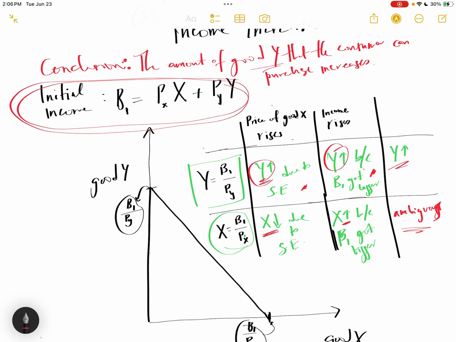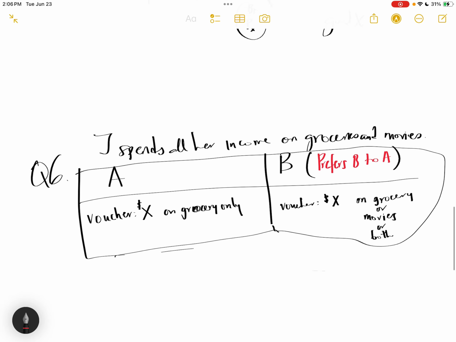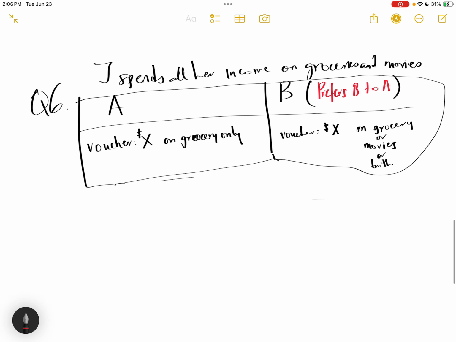That budget or income equals the expenditure that you're making on good X and good Y, where you take the price of good X, multiply it by good X, plus the price of good Y and multiply that by good Y, right? So we are saying your expenditure has to exactly equal the budget or the income that you are given. I have other videos if people are interested to take a look.